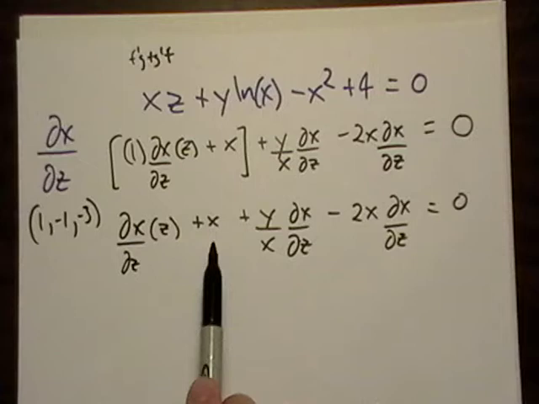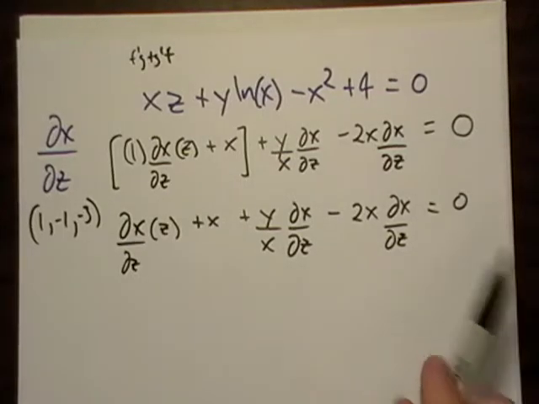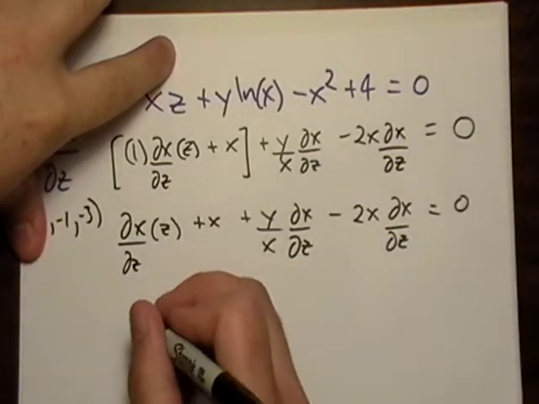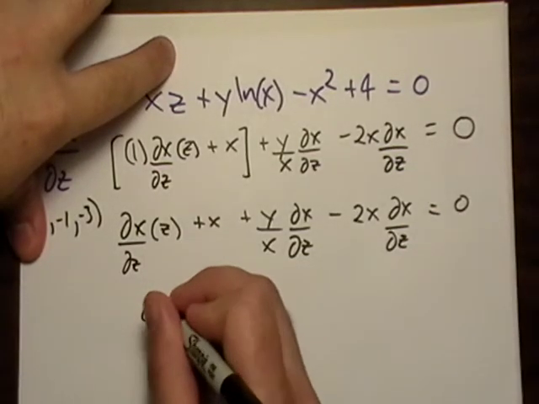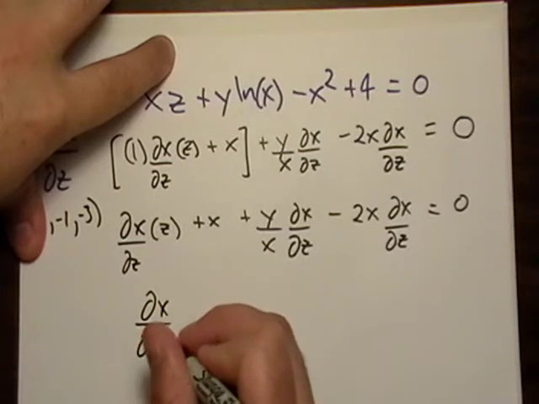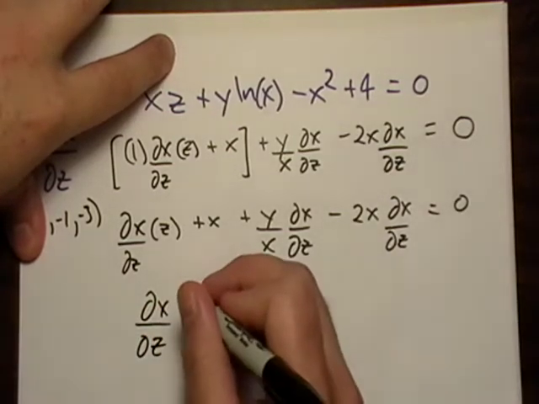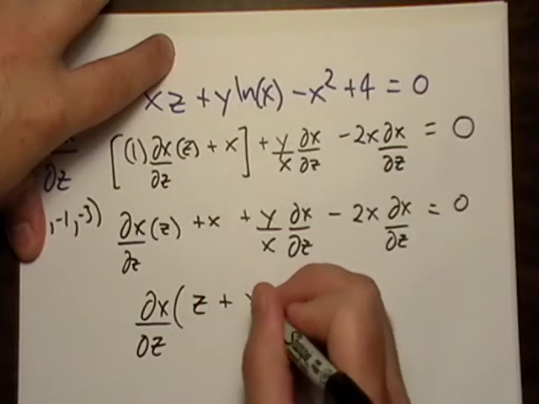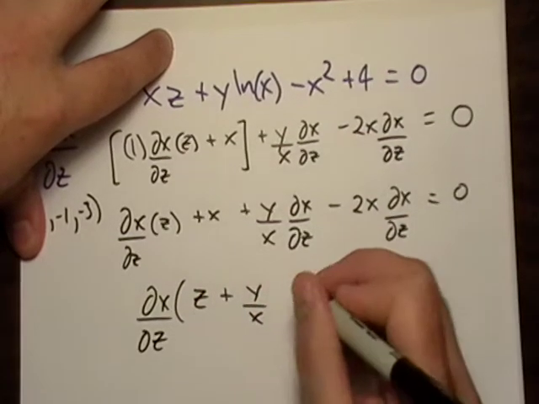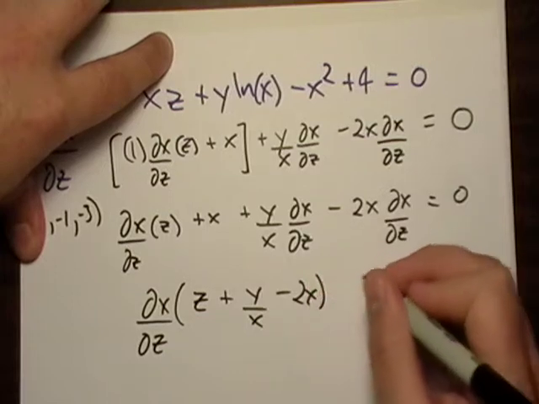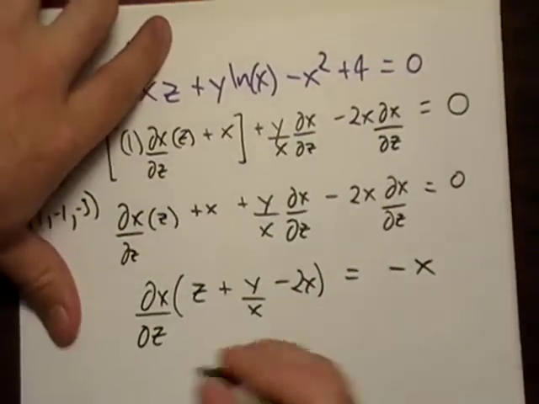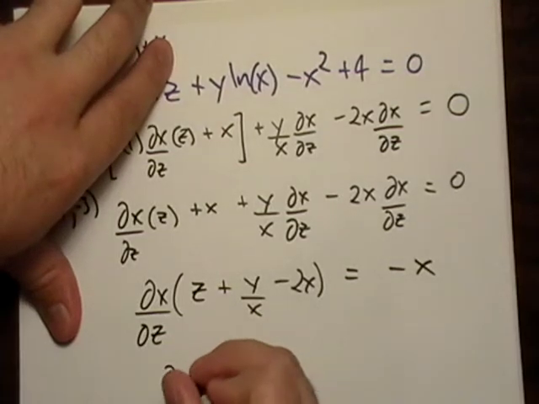What I probably want to do is move that x over, and at the same time factor the partial x, partial z out. That's going to leave me with, and that's going to be equal to negative x.